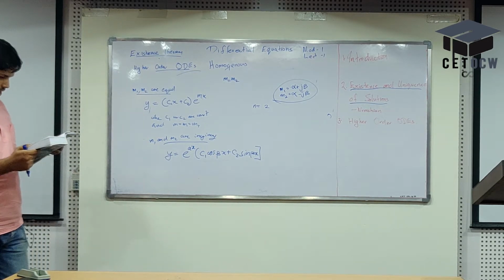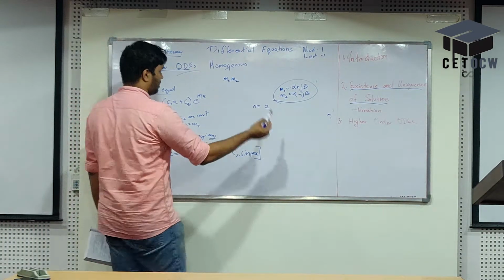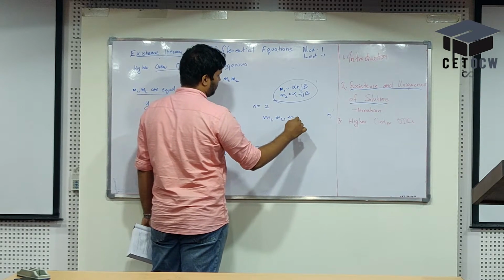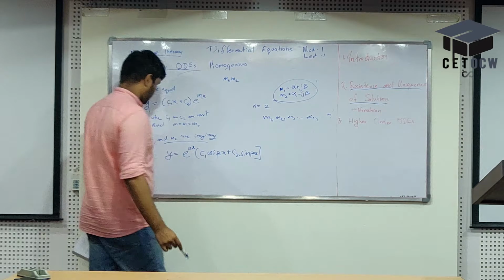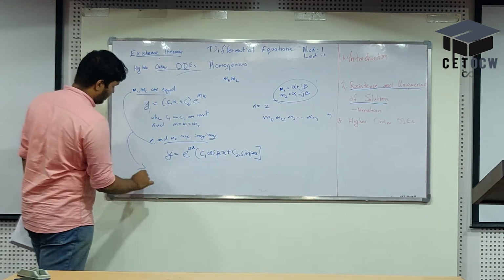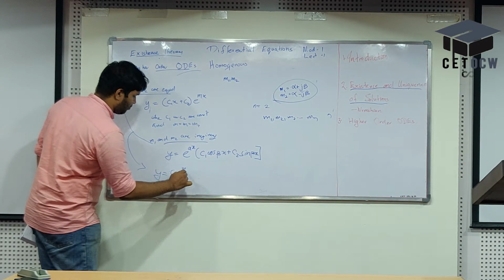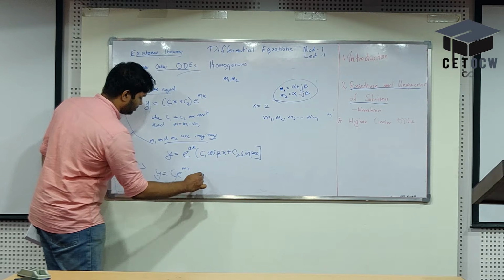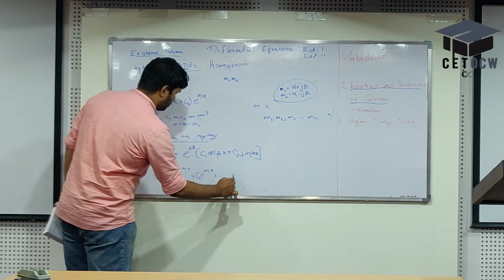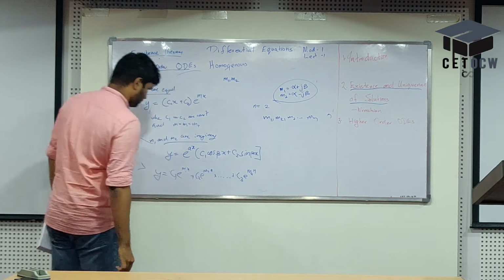And for any other solution, for any general m1, m2, m3, and n, these two conditions can be derived from the general equation c1 e^(m1 x) plus c2 e^(m2 x) plus c3 e^(m3 x), etc.